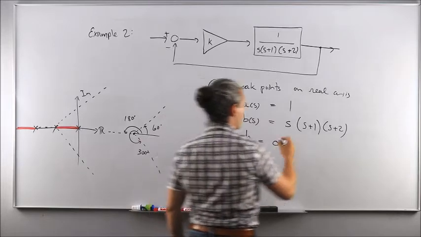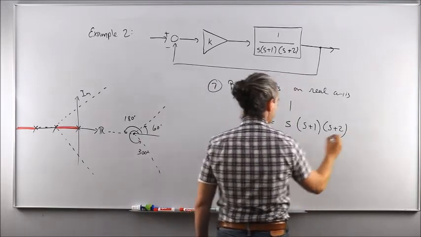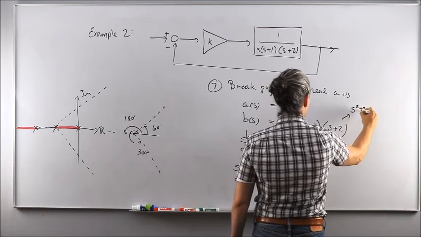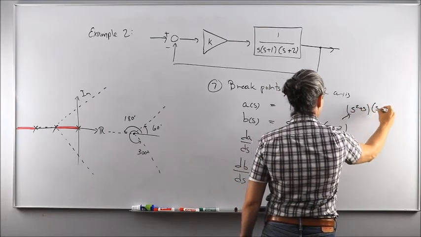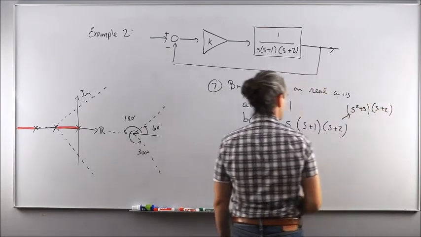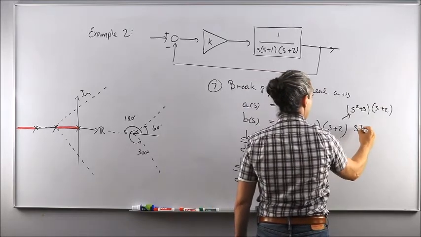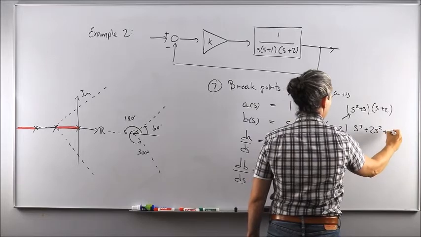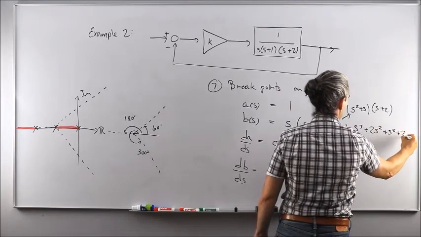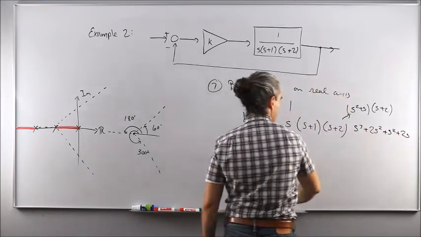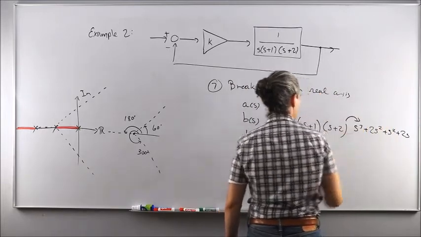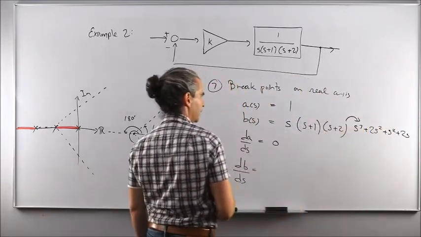For this, I like to multiply everything. I'm going to get s squared plus s. I'll multiply by s plus 2 here. I'm going to get s cubed plus 2s squared plus s squared plus 2s. So this is equivalent to that when everything got multiplied together.